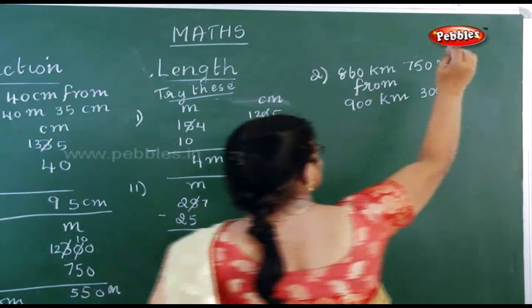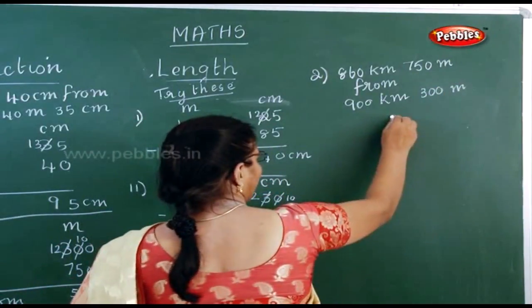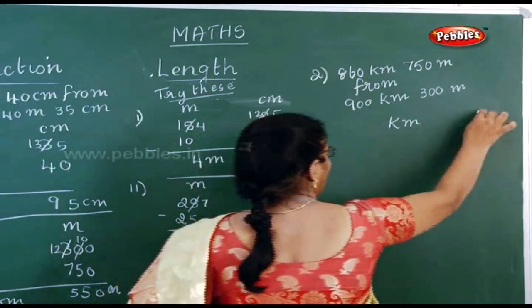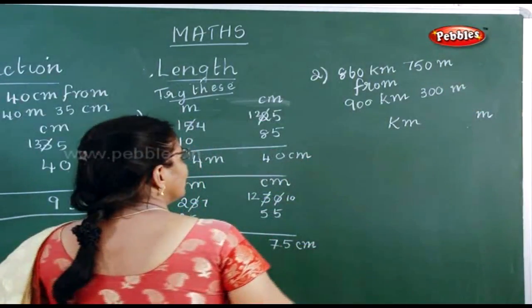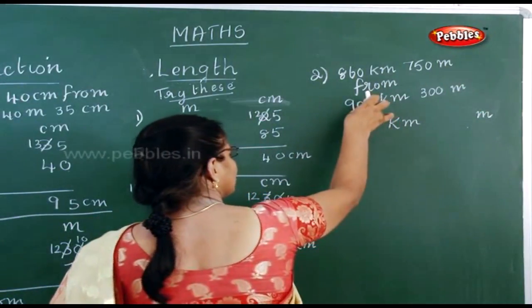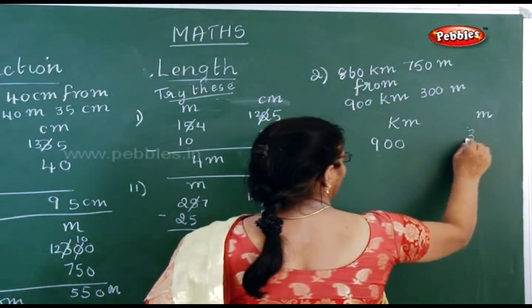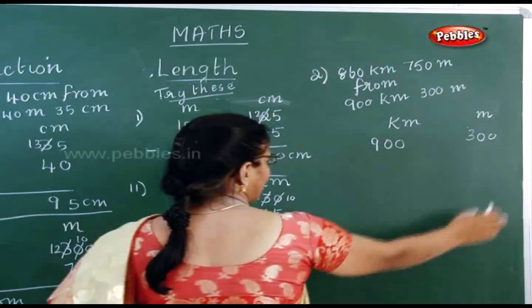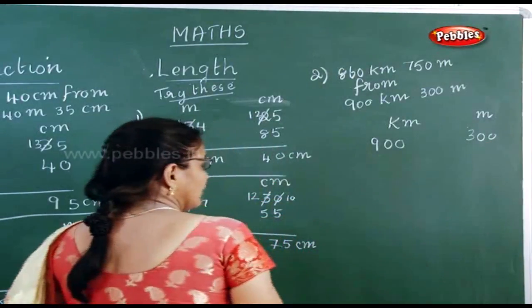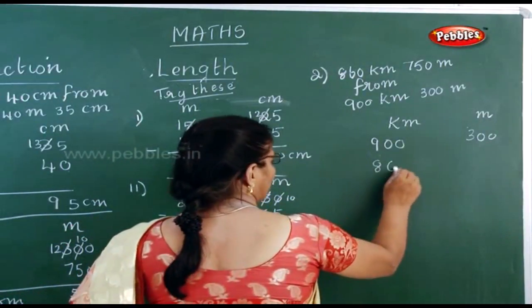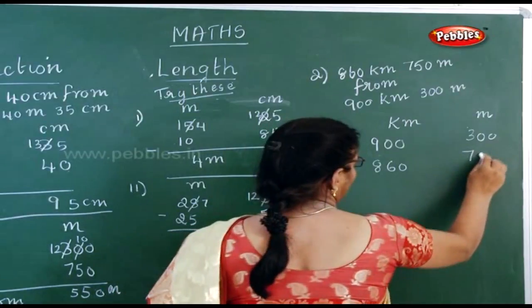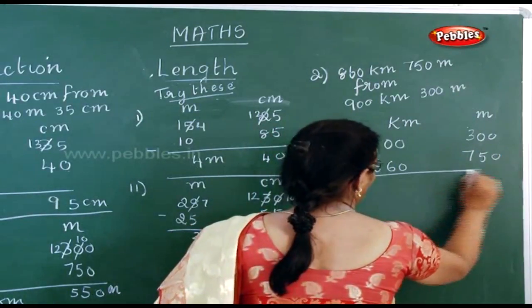Now how will you do this? Immediately, what will you write? Kilometer and meter. You have to subtract this with this. So you write 900 and 300 here: 900 kilometer, 300 meter. And here it is 860 kilometer and 750 meter. Now what will you do?